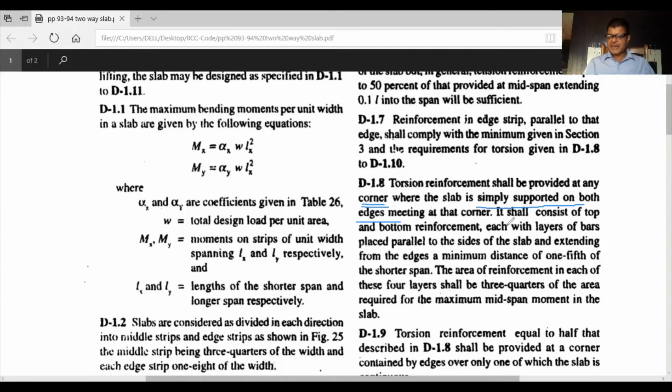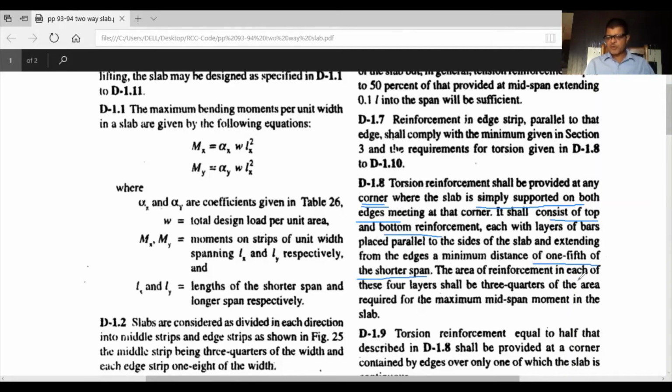So how to provide it? It shall consist of top and bottom reinforcement, two layers, top layers and bottom layers, each with layers of bars placed parallel to the sides of the slab, extending from the edges a minimum distance of 1/5 of the shorter span. Whether it is long or short, you have to take 1/5 of the shorter span.